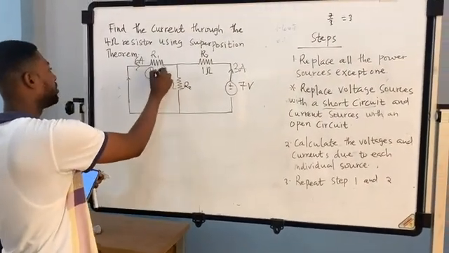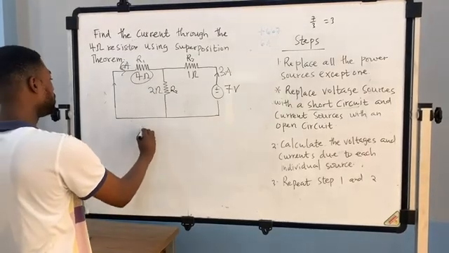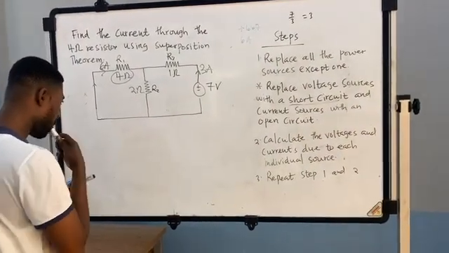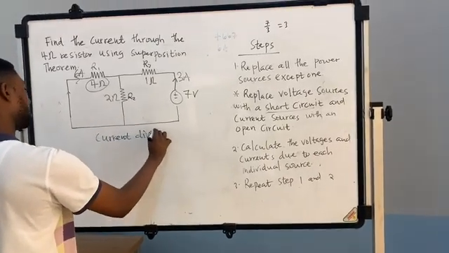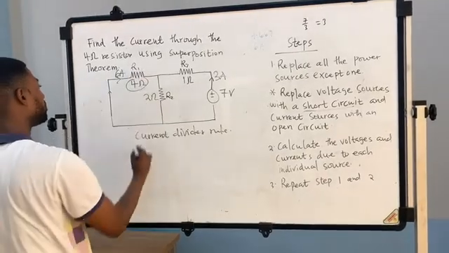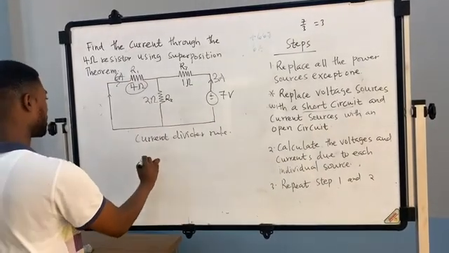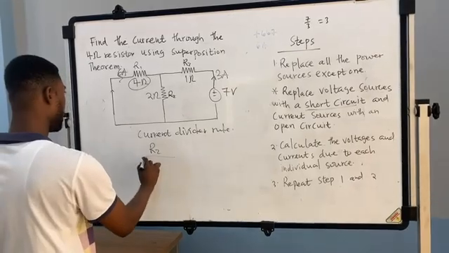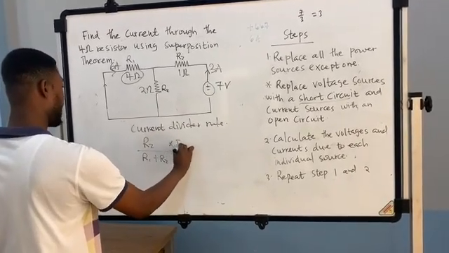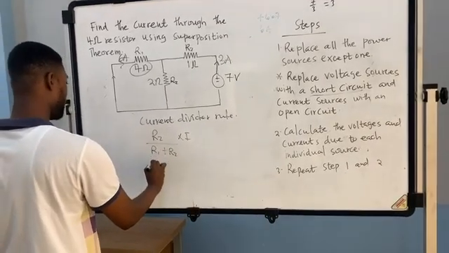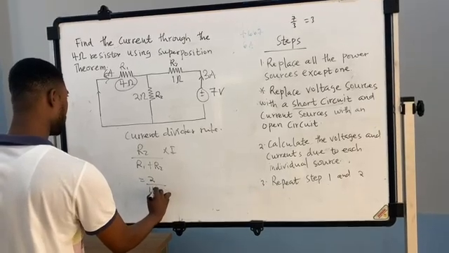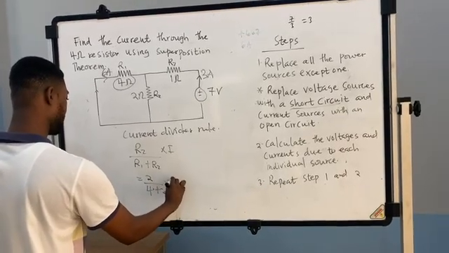But we want to know the current flowing through this 4 ohm resistor. So we need to use what we call the current division rule to calculate the current flowing through R1. The current through R1 will be equal to R2 over R1 plus R2, times I. So we are going to have 2 over 4 plus 2, times 3.